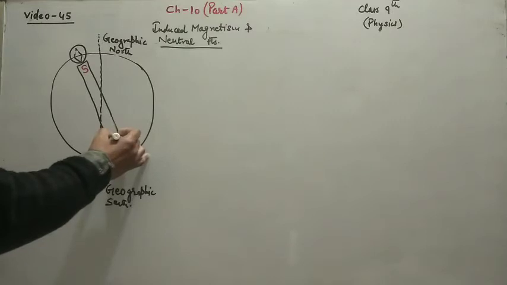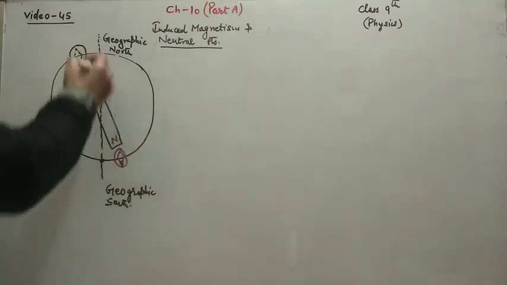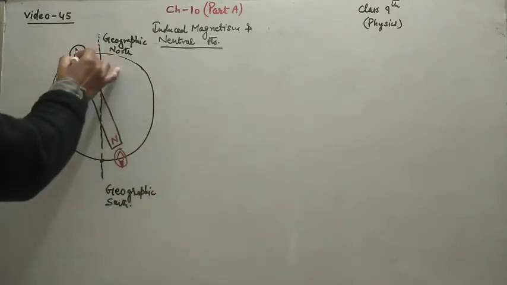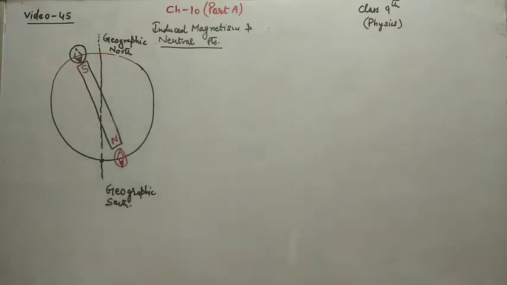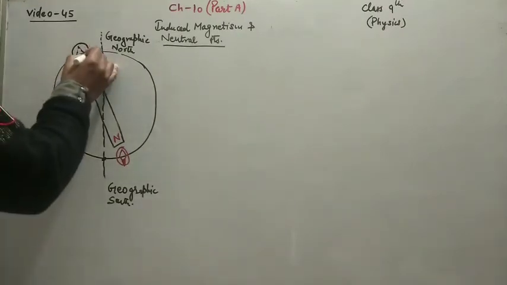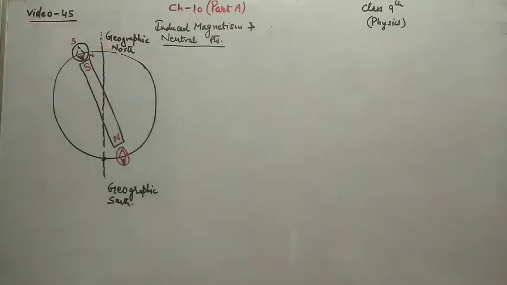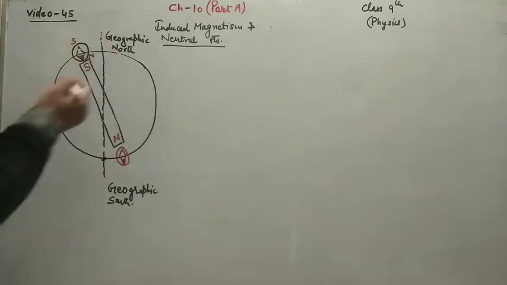So this north is responsible to attract the south of the magnetic needle towards itself, and this will be north, and this will be south of the magnetic needle. So north is pointing towards north.